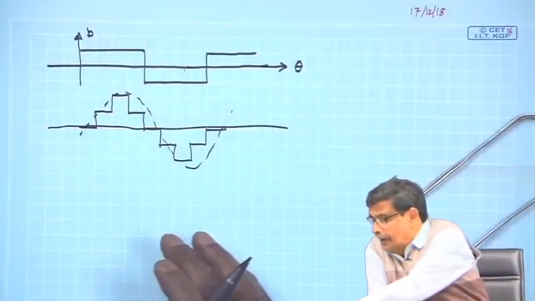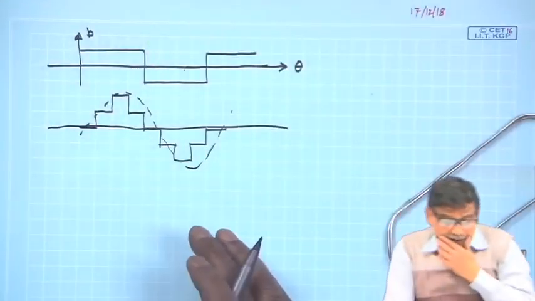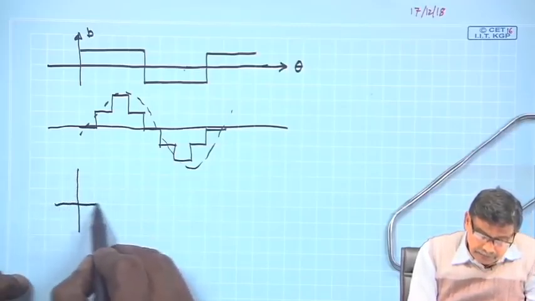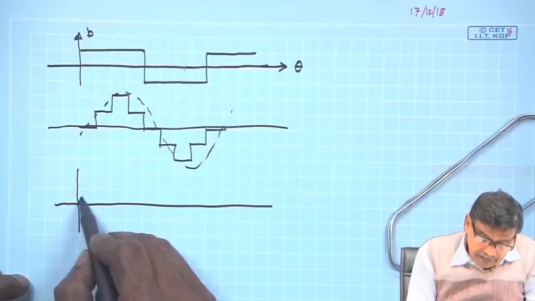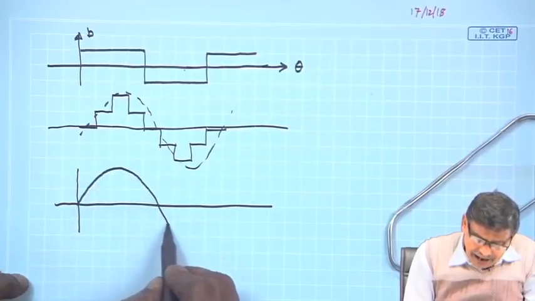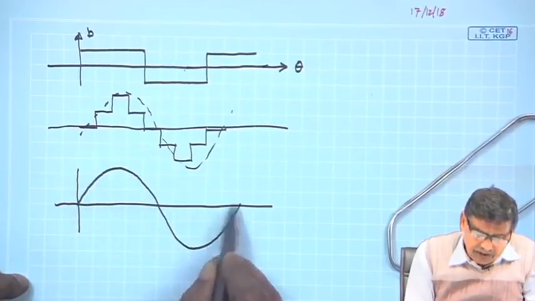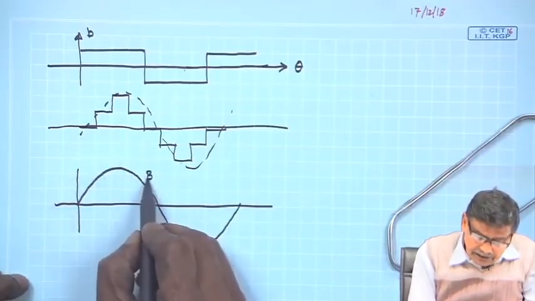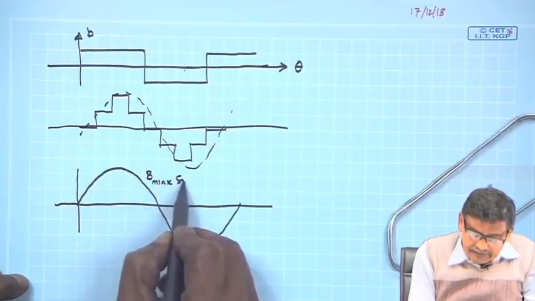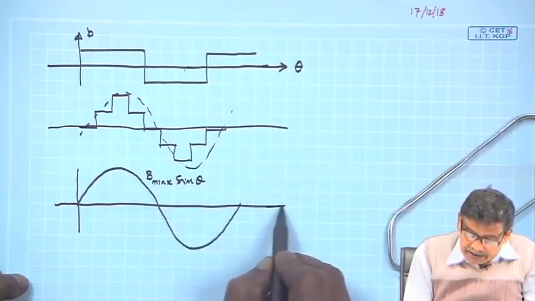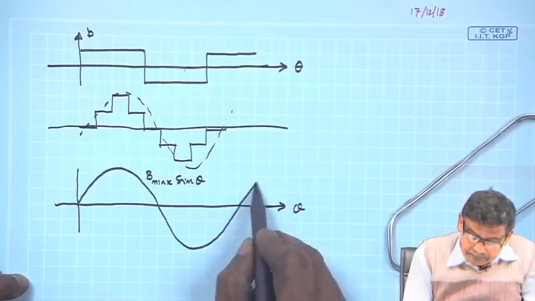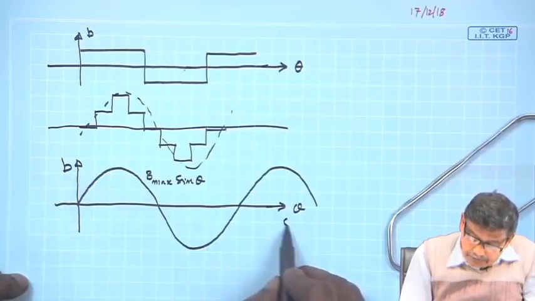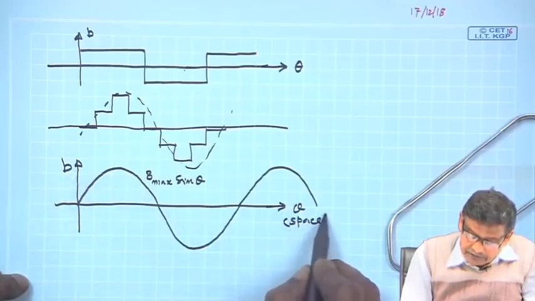Now, henceforth in my discussion what I will assume is that the B distribution is sinusoidal, a strong fundamental, and I will neglect the effect of harmonics of B distribution. So, this may be denoted as B max sin theta, where theta is the space angle. It will be like this, and this is the B, and this is space, mind you, space angles.